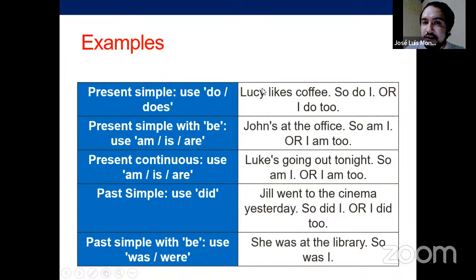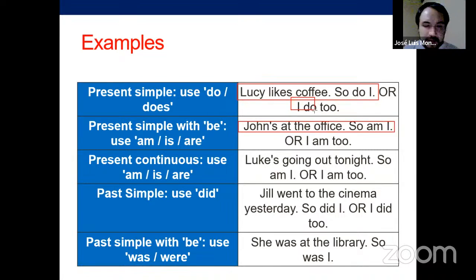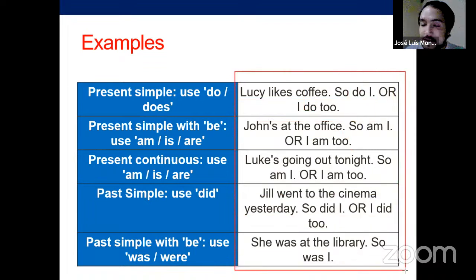So again, just in order to remember and to be sure that we are clear, let's read everything, please, because it's worth reading the two ideas. So read the examples, please. Lucy likes coffee, so do I, or I do too.